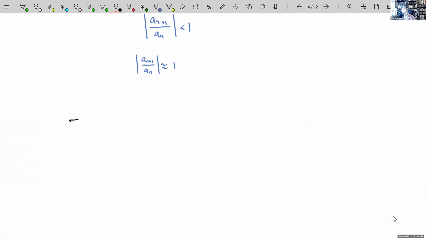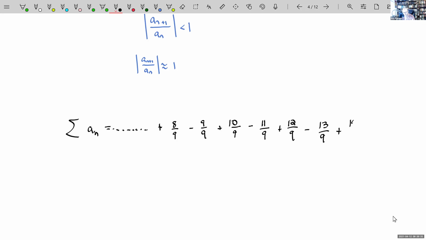Let's look at the original series. Let's say you've added up a bunch of terms, and as you're adding them up forever, it's something like 8/9 minus 9/9 plus 10/9 minus 11/9 plus 12/9 minus 13/9 plus 14/9, and so on.